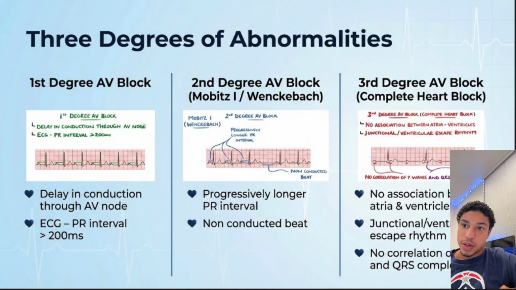These two beat independently of each other. And on the ECG, this will look like P waves that have no relationship with the QRS complex. Because the ventricles rely on a slower escape rhythm, the heart rate becomes much lower and less effective at pumping blood, which has a number of complications.